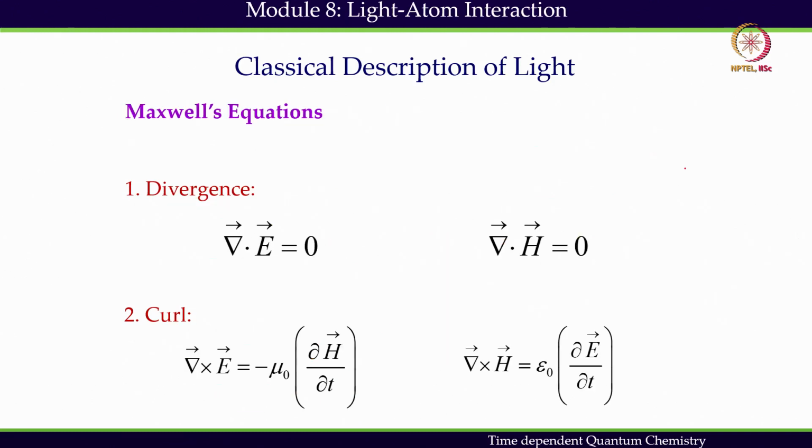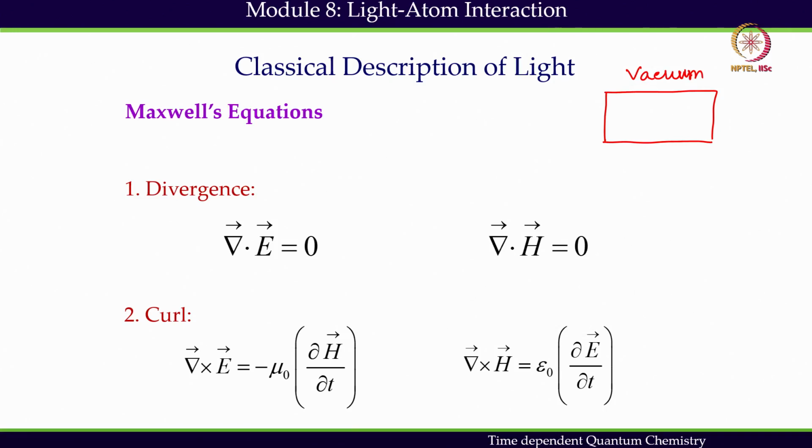And Maxwell's equations show that there is a particular nature it will follow if light is going through a medium. The medium for our problem, for this module, we have considered to be vacuum, a free space medium.